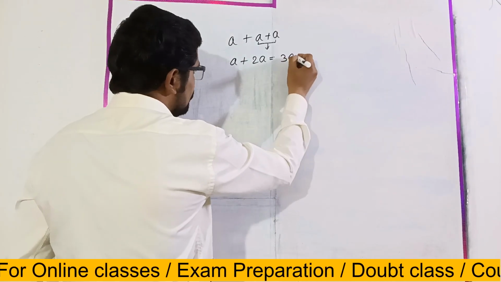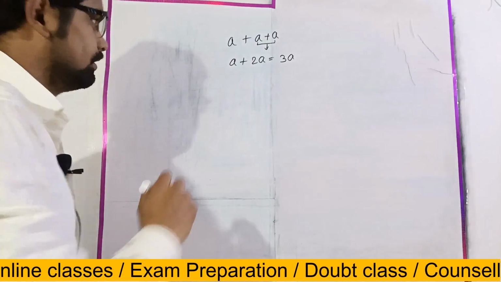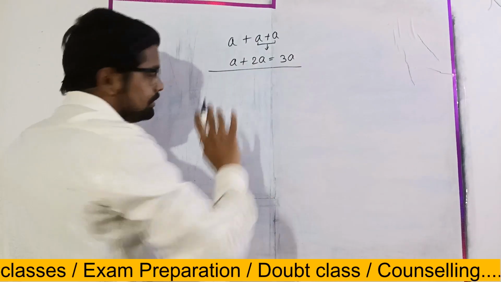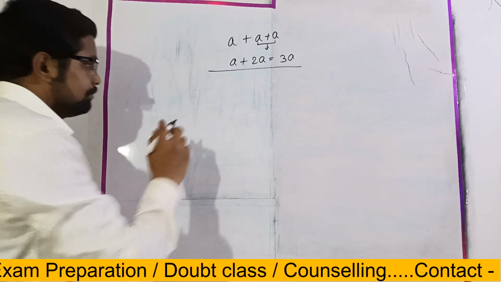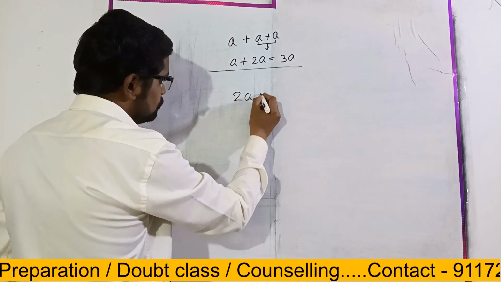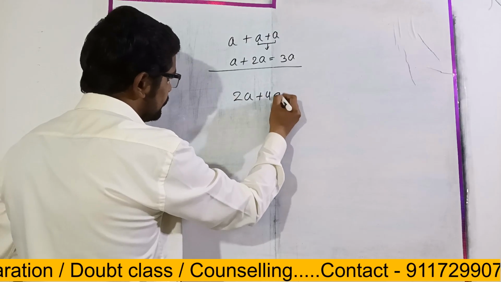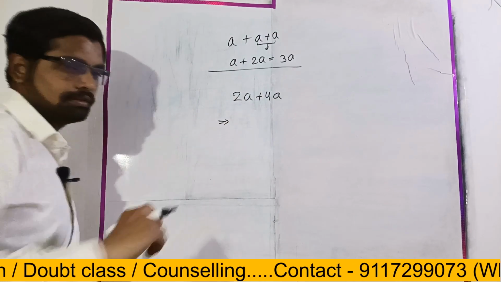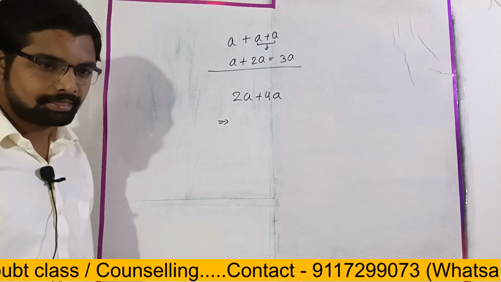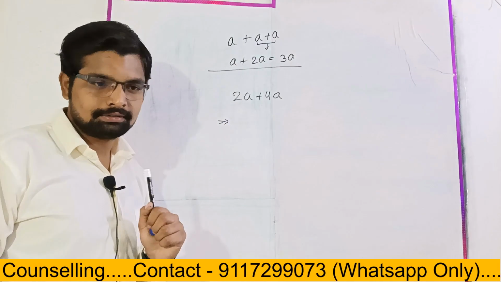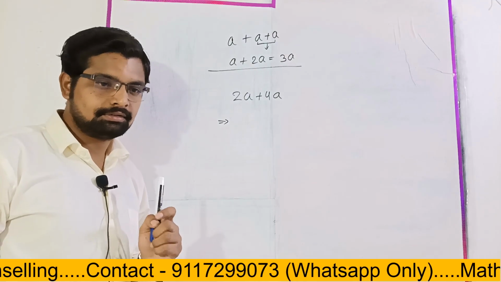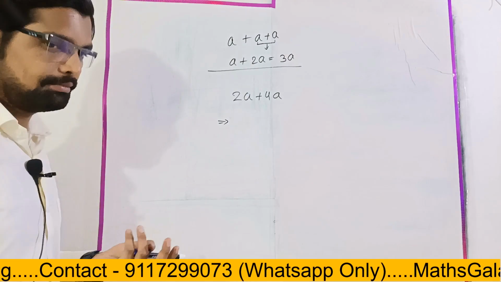Yes, good. It will be 3a. As here I explained it in detail, but for the next one you have to do it by yourself. 2a plus 4a, what will it be? Would it be 7a or 6a? Tell me.